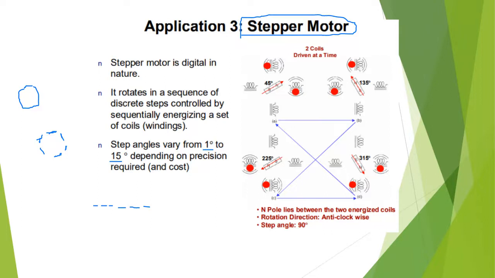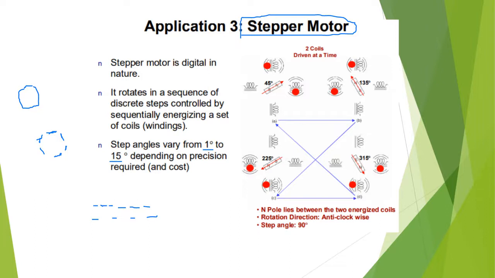It depends on the precision, like the DPI, dots per inch, meaning how much data you want. For example, if it makes 1 degree jumps, there will be a fine jump like that. But if it jumps 5 degree at a time, it will miss some information in the gap.